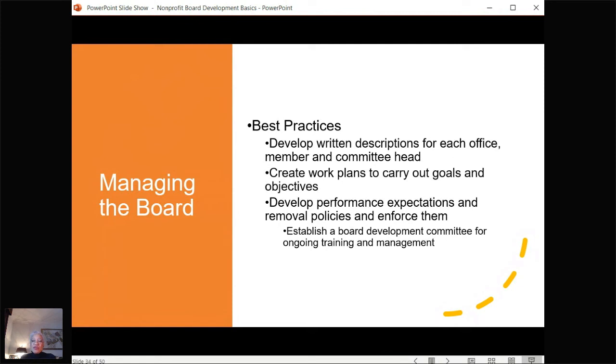Sometimes we create these rules in our bylaws and we don't have the political will on our board. Sometimes people are like, oh, this is my friend, I can't do this, can't do that. But you have to uphold the rules of the bylaws to keep things moving appropriately. And then you want to establish a board development committee for ongoing training, development, and management.